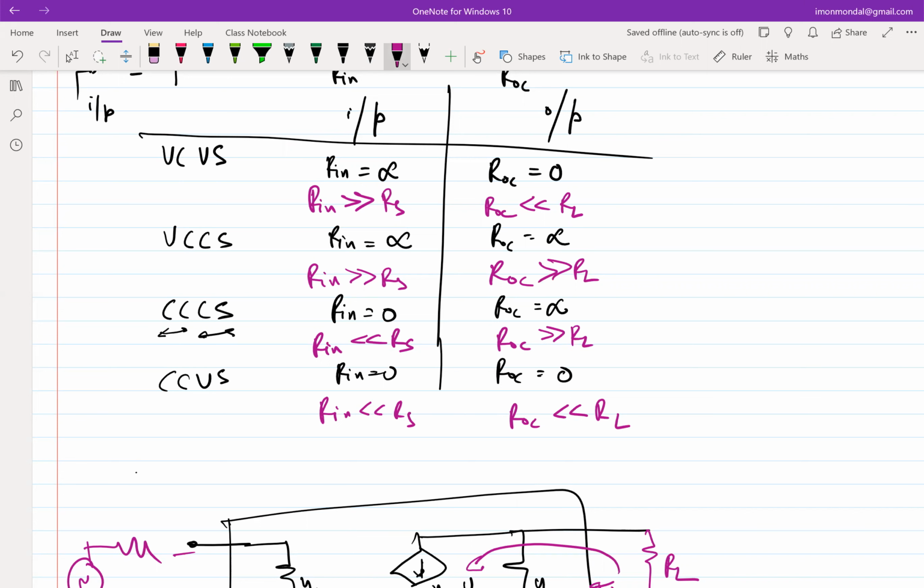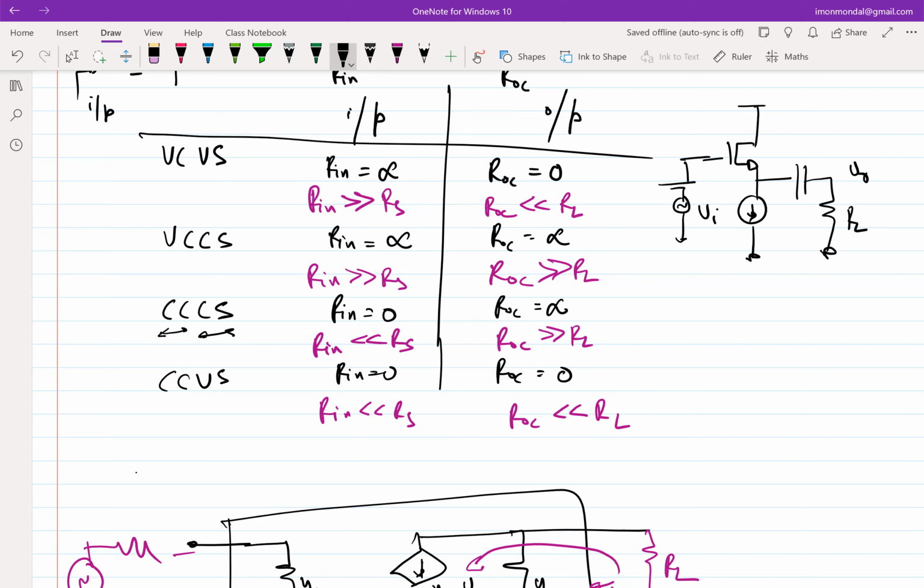And when we did the source follower, we said that we have a net circuit which was something like this. So what type of source was this out of these four?